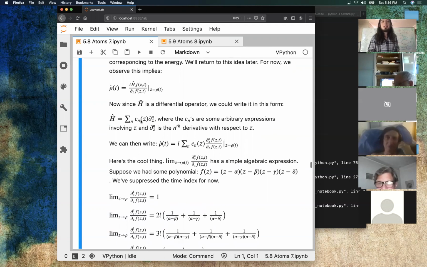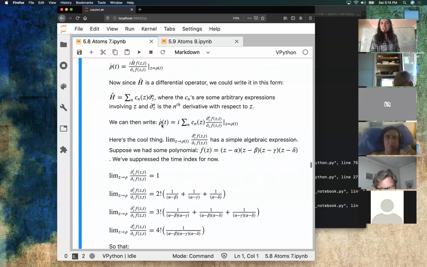Basically the point is that in this expression for the time derivative of the root, we have this H, this differential operator. But we want to look under the hood of that. So we're going to write it as a sum of some c_n's, which are functions of z, each times an nth derivative with respect to z.